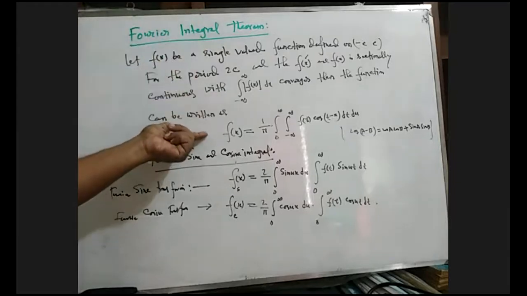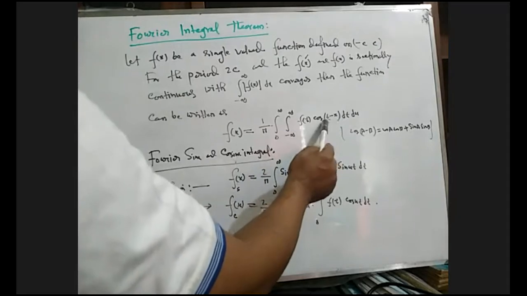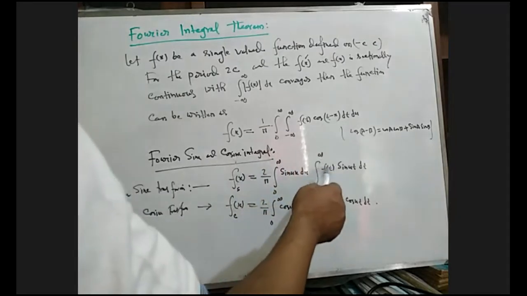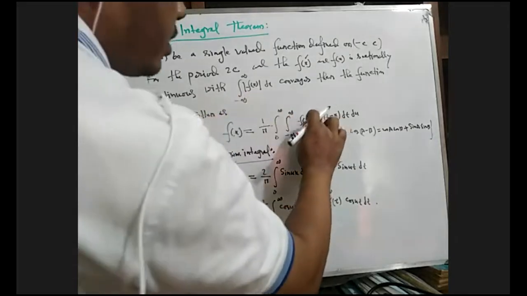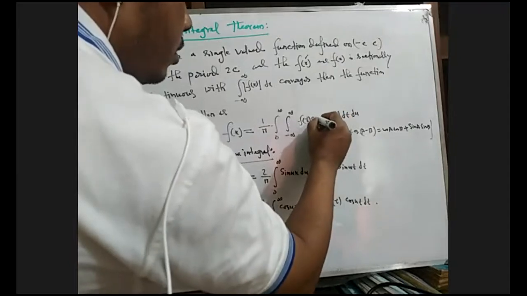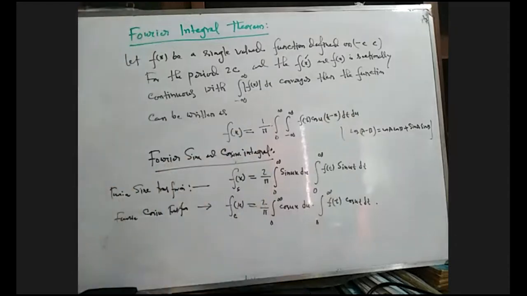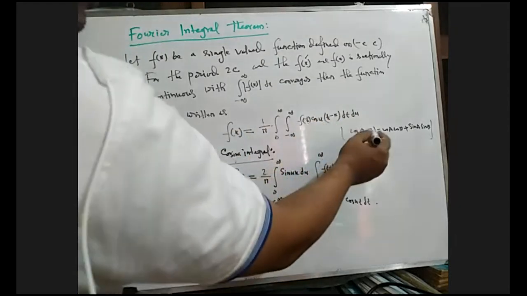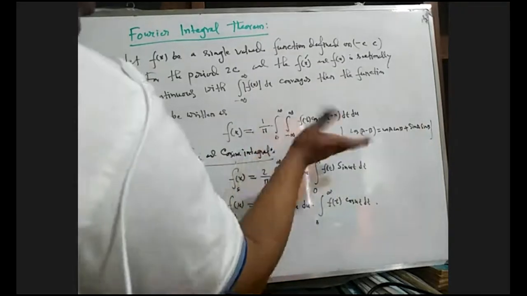So we must remember that this Fourier sine and cosine integral transform comes from the Fourier integral theorem. This is the main theorem. From the cos a minus b formula, we must know that this gives the sine transform and the cosine transform. So remember this. There is a mistake: this will be cos u into t minus x. So using the formula cos a cos b plus sin a sin b, you can divide it into two parts.